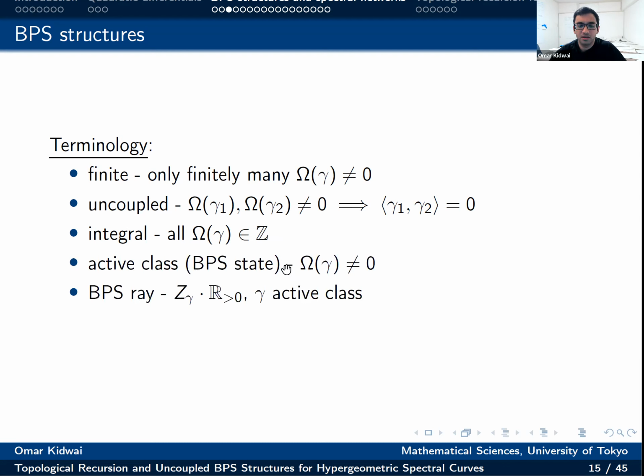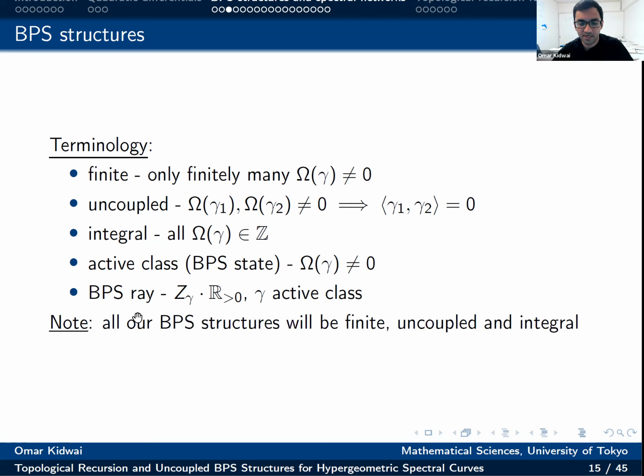Okay, I'll call a BPS state or active class any vector in the lattice that has non-zero omega, and a BPS ray will be the central charge of such a lattice vector. So: finite uncoupled BPS structures, BPS states and BPS rays, and we're only going to consider those.